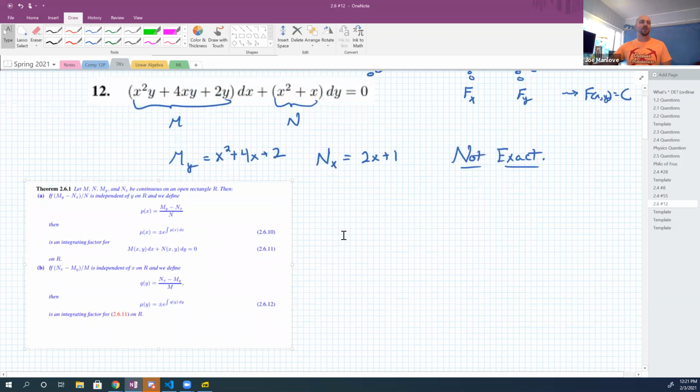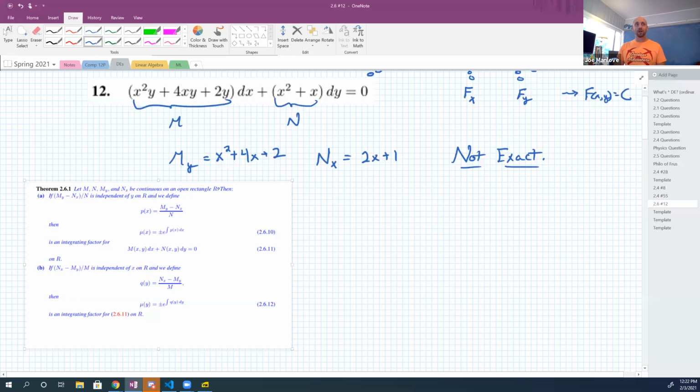This theorem says if we have continuous enough partials and we can find a P that's just a function of x or a Q like this that's just a function of y, then these will give us integrating factors. So I just need to check if either of those things is true.